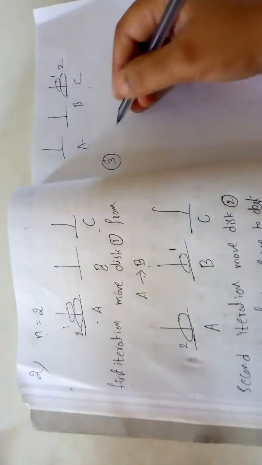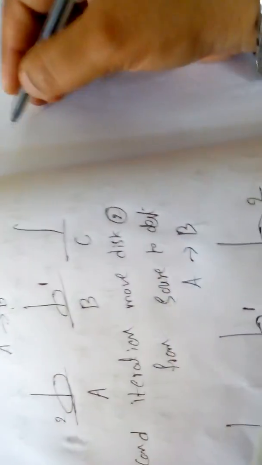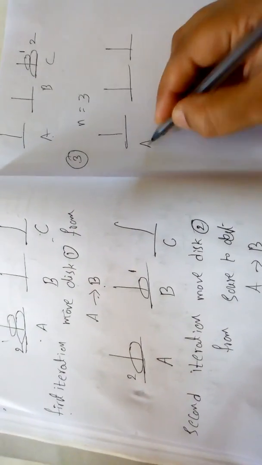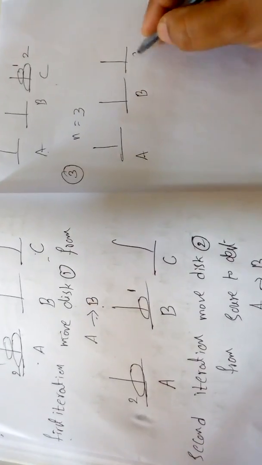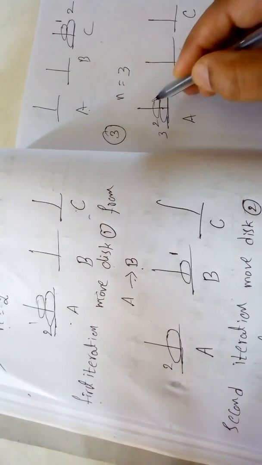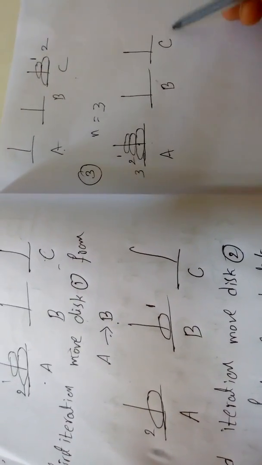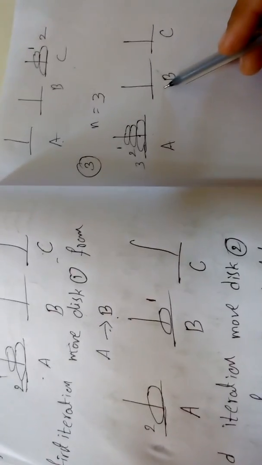Now the third example. If the number of disks is 3, the Tower of Hanoi task is the same, with 3 towers. Let A be the source, B the auxiliary, and C the destination. How many disks? 3. So the order is 3, 2, 1. Right? Now we have to move from source to destination with the help of the auxiliary.